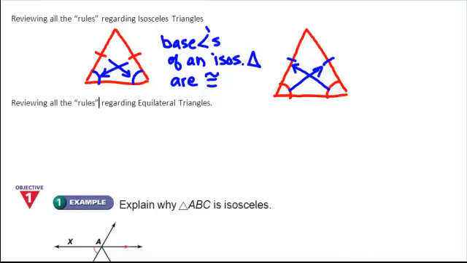Alright, last rule of isosceles triangle. That's a terrible picture. I'm going to redraw that. Last rule of an isosceles triangle. Much better.